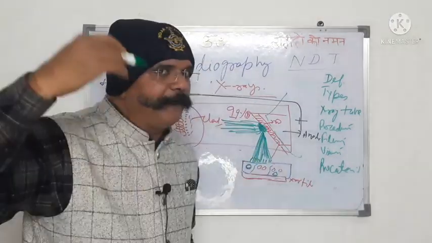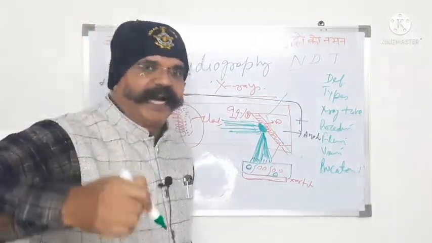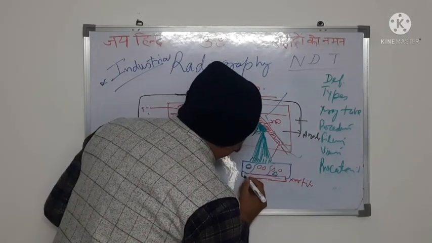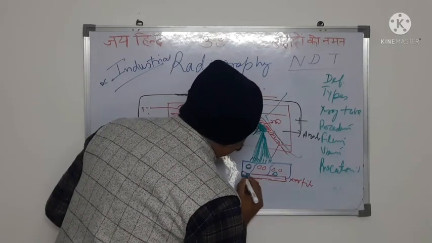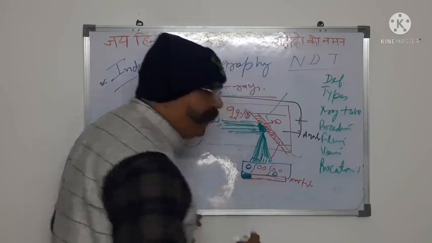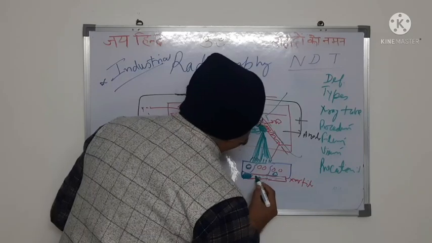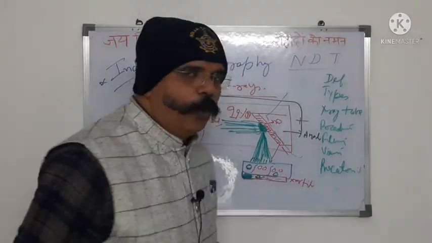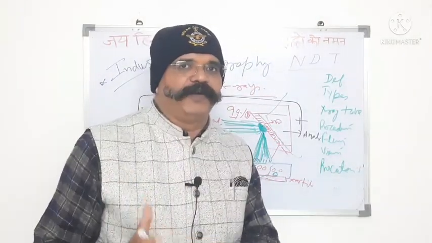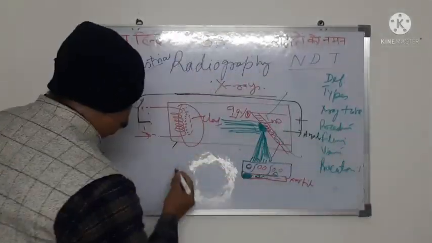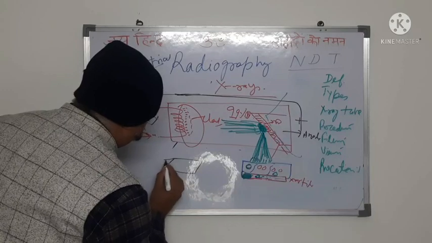More X-ray will pass through that place, and the film just below this will be darkened more with respect to these areas where no cracks or defects were available. Very simple. Let me explain again. Let us see a 3D shape.